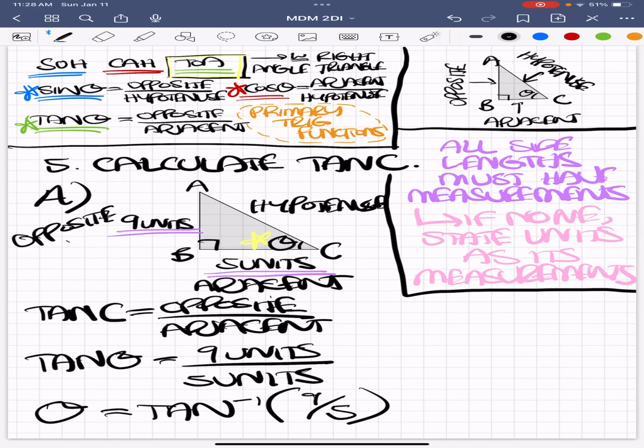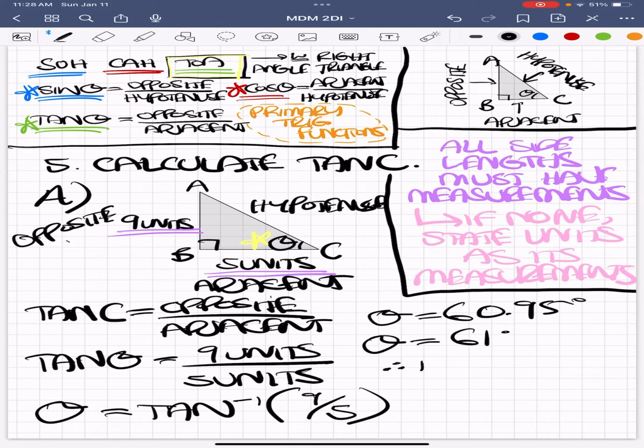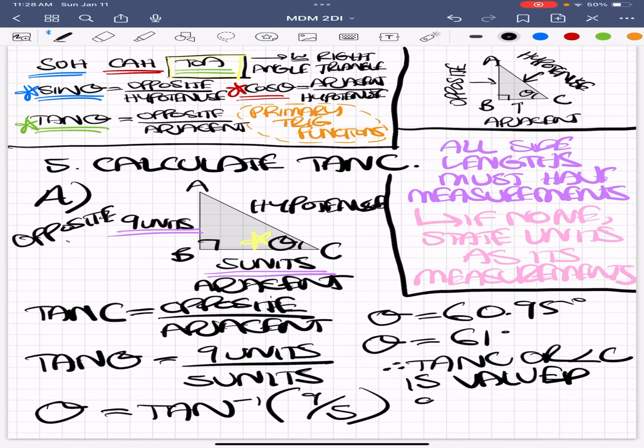Then we have our answer, which is 60.95 degrees, or theta would be 61 degrees. Tan C, or angle C, is valued at 61 degrees. We will be circling our answer in green. So that's our therefore statement as well.